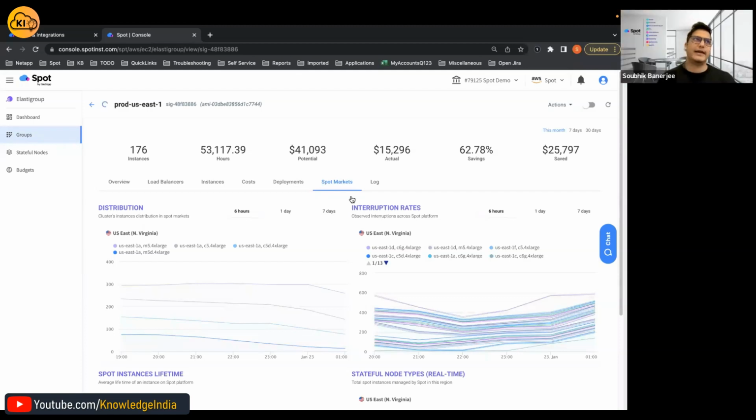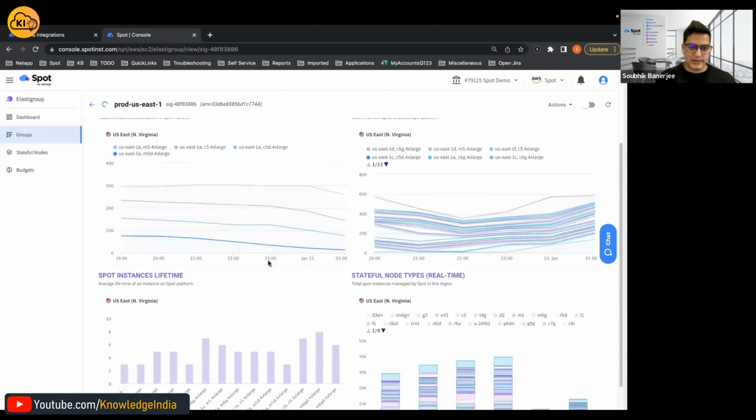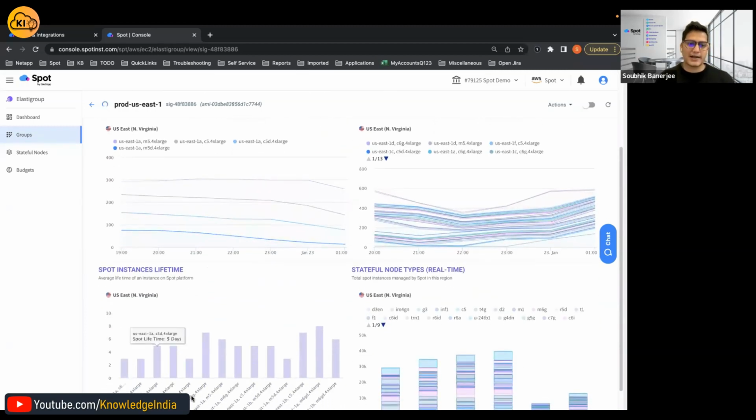Yes. While creating it, the spot market scoring gives you a better understanding. But this is just to make you cognizant at a later point in time of how the market has been. It is additional knowledge; if you want to configure your next Elastigroup based on this understanding, you can do that.